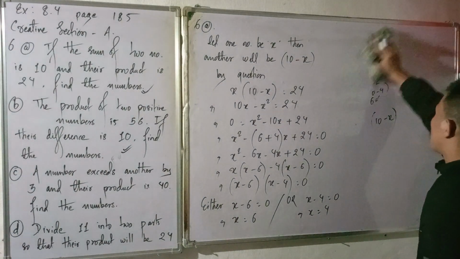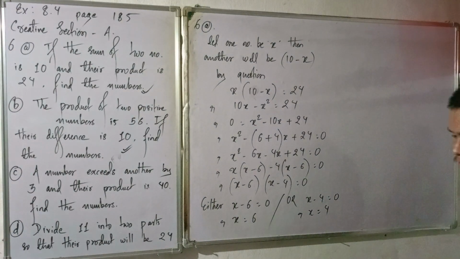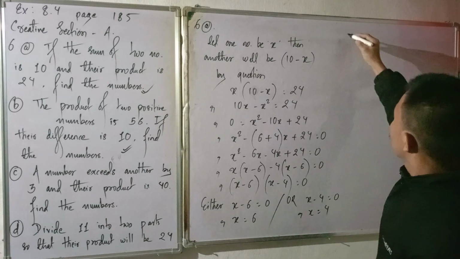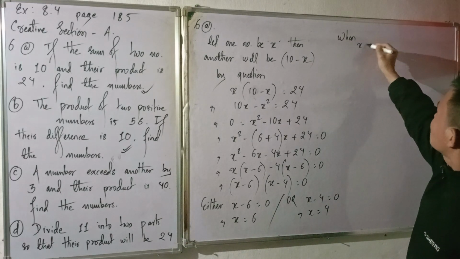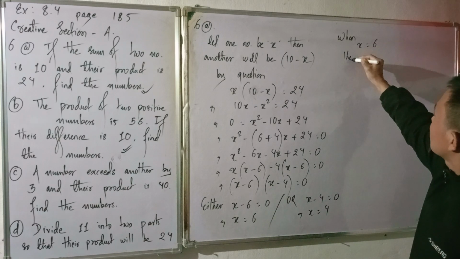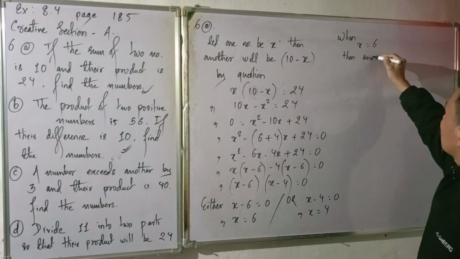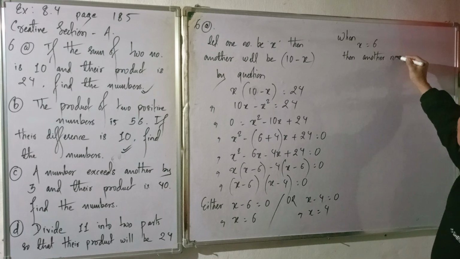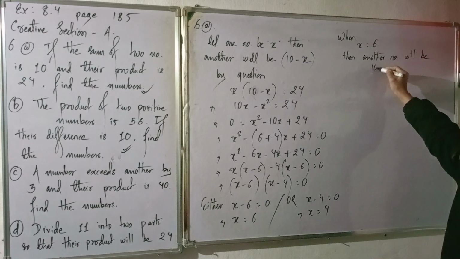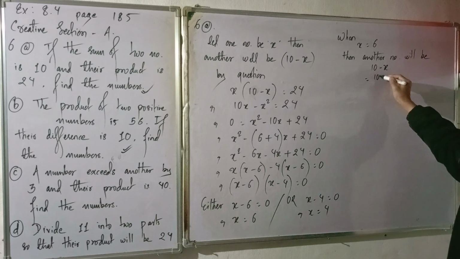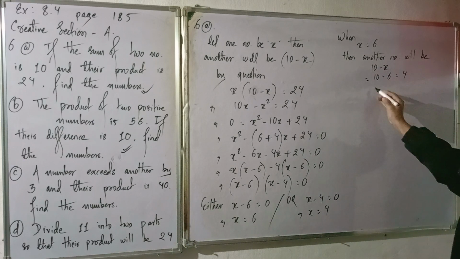So how to represent this answer is: when x equals 6, then another number will be 10 minus x, that is 10 minus 6, which is 4.